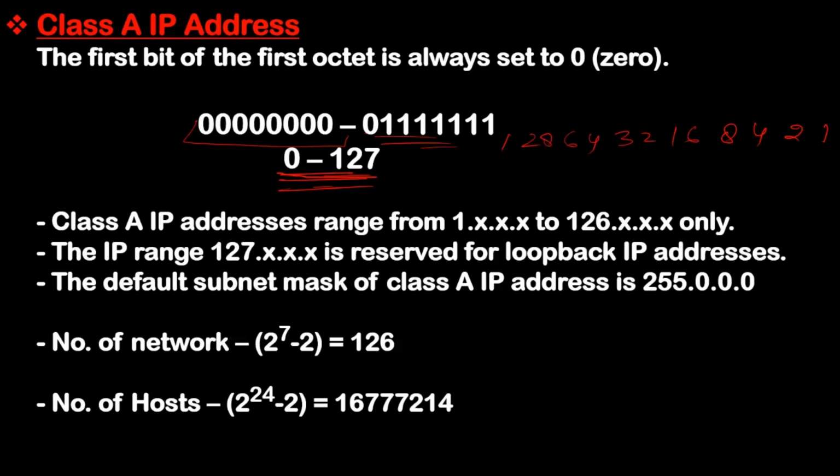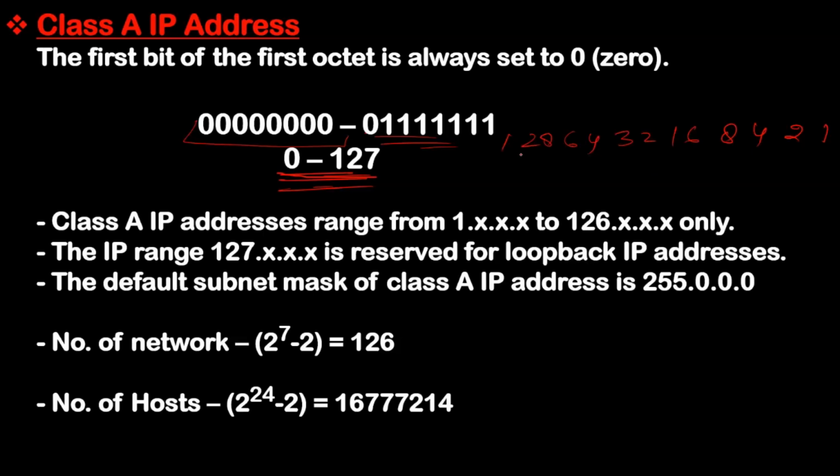Because if you add these numbers, 128 plus 64 is 192, plus 32 is 224, plus 16 is 240, plus 8 is 248, plus 4 is 252, plus 2 is 254, and plus 1 is 255. And in an IP address, the maximum value in each part is 255 only.